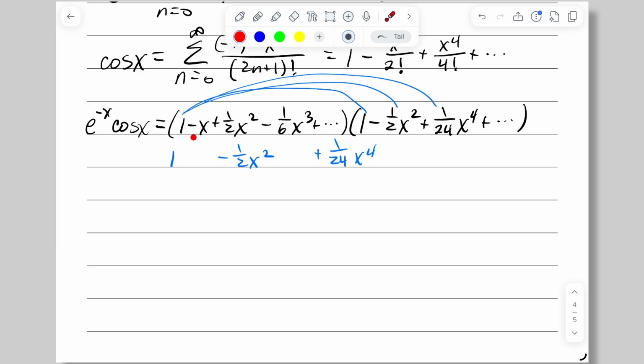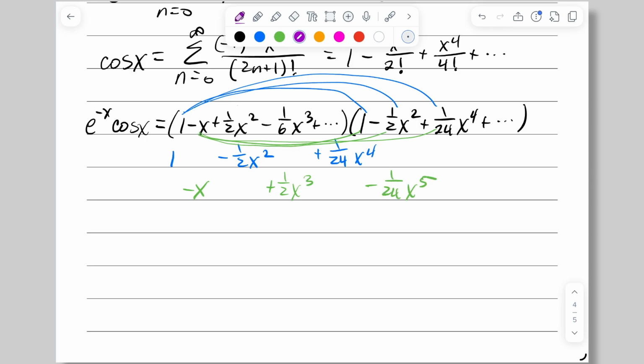So we're going to move on to multiplying by negative x. Negative x times 1 is negative x. Negative x times negative 1/2 x squared is a positive 1/2 x cubed. And negative x times 1/24 x to the 4th is minus 1 over 24 x to the 5th.